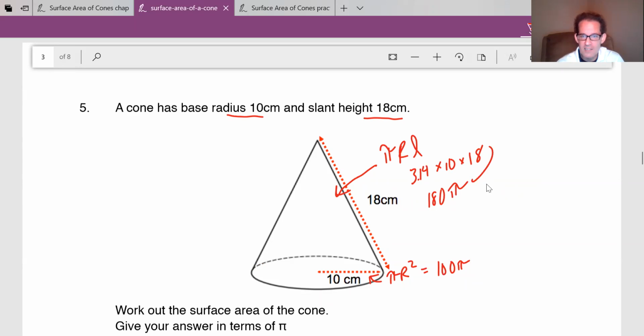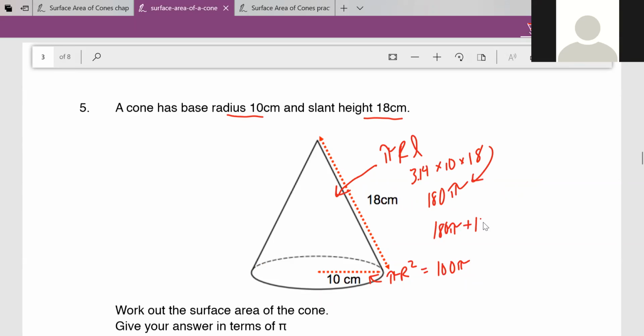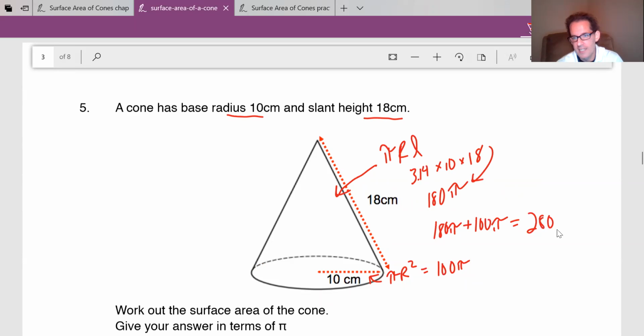And my last step is just to add those. So I'm going to have 180 pi plus 100 pi equals 280 pi. And let's find out what that equals on our calculator. 280 times 3.14 equals 879.2. And this is square centimeters.